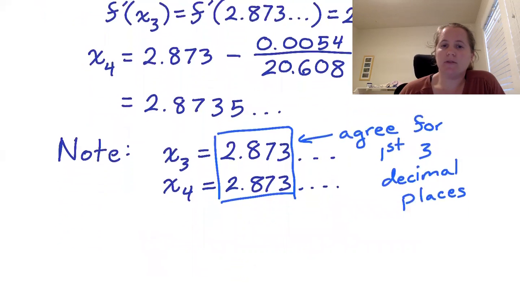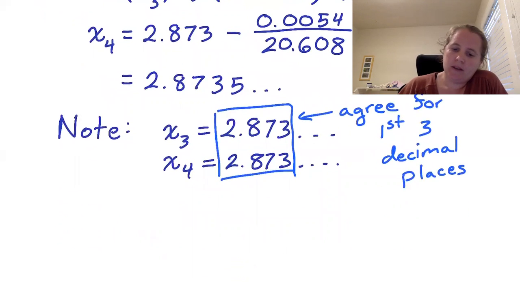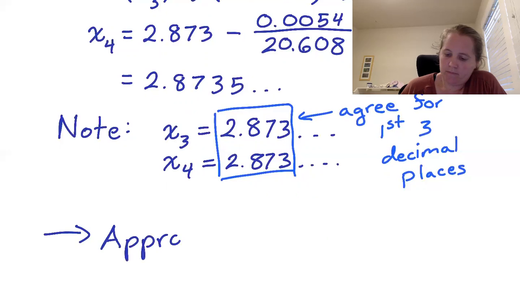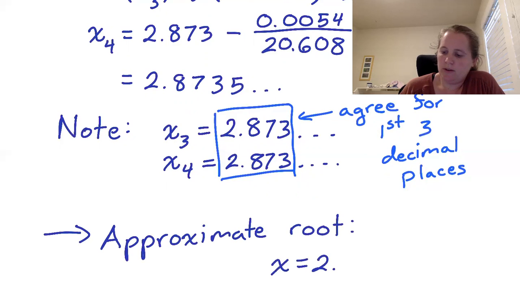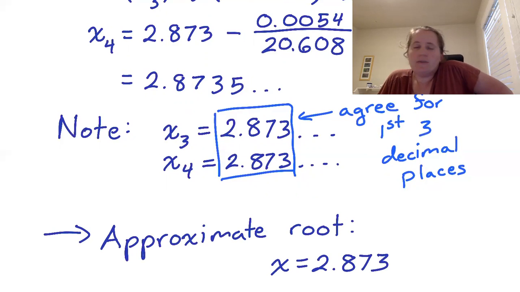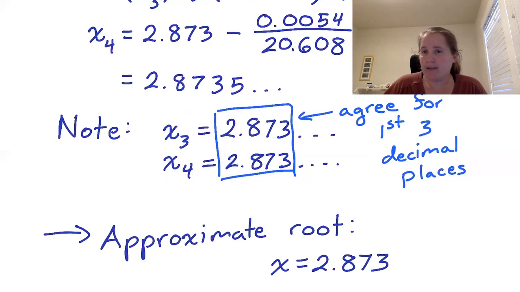But we just needed the first 3. These agree. And so what we get is our approximate root is x equals 2.873.